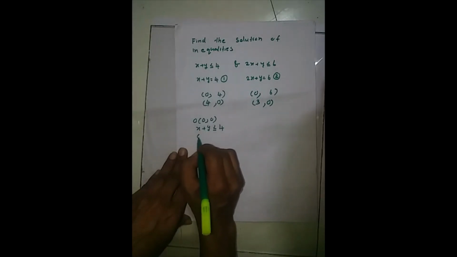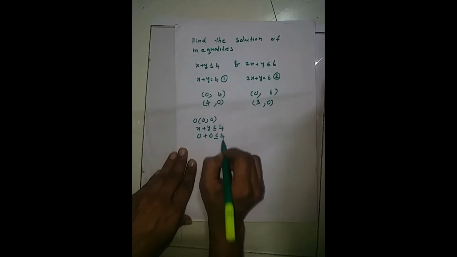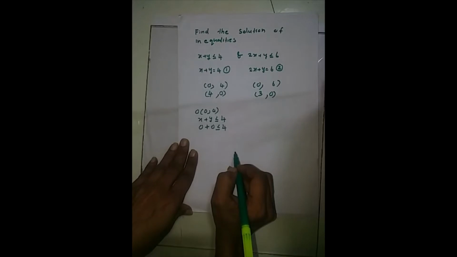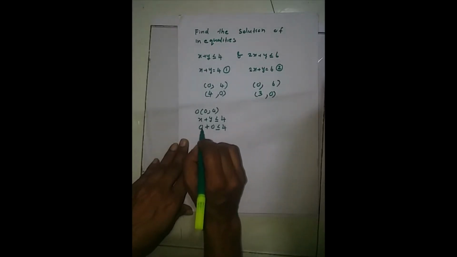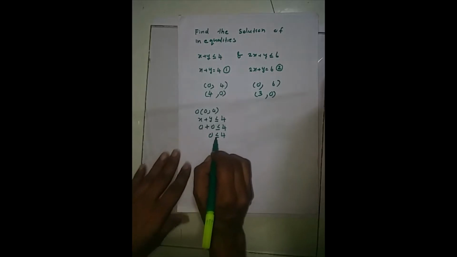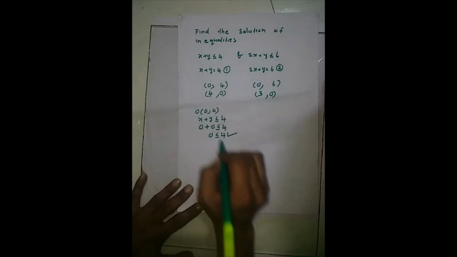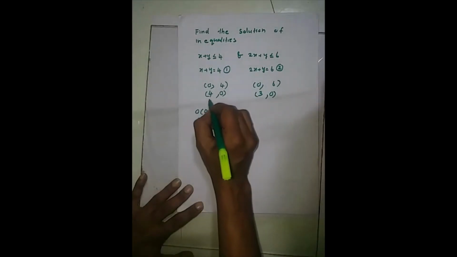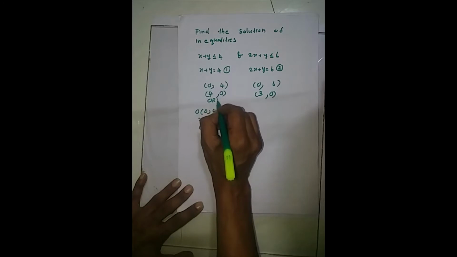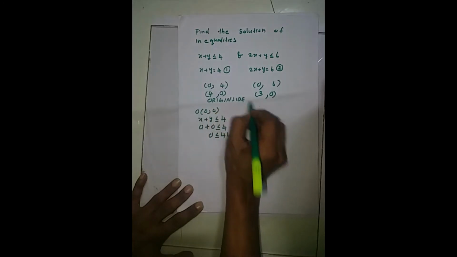Substituting x equal to 0 and y equal to 0, we have to check whether we get a correct statement or not. 0 plus 0, 0 less than or equal to 4. 0 less than 4 is a correct statement. So we have to shade on the side of 0, that is called the origin side. We have to shade the origin side.